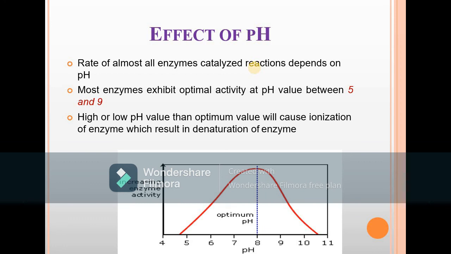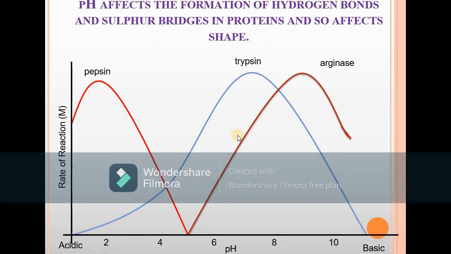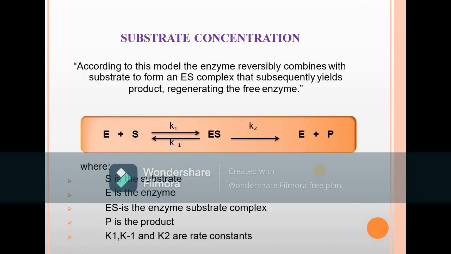So a higher or lower pH than the optimum value will cause ionization of enzyme, which again results in denaturation of enzyme. Here is the figure given for different types of enzymes like pepsin, trypsin, arginase, whose activity is affected by the pH.